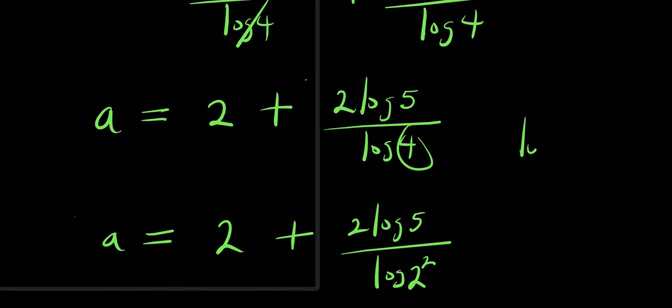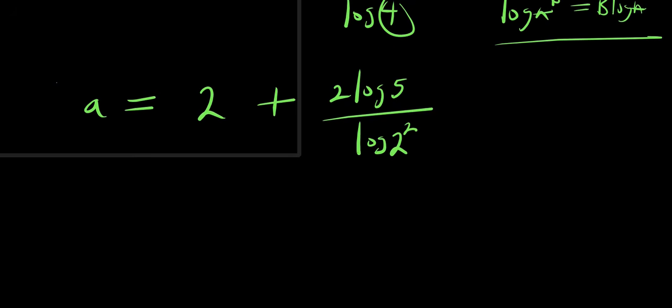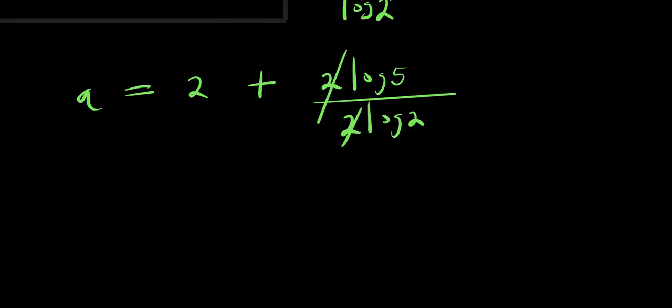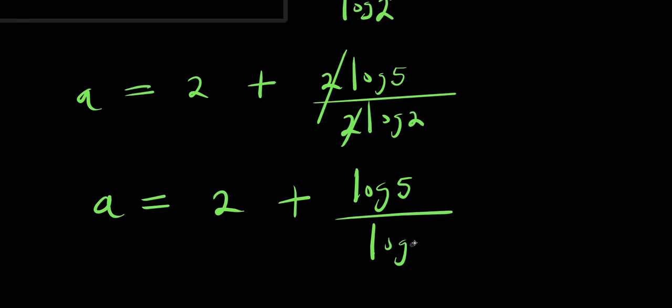And don't forget, log a power b equals b times log a. So we are simply going to have a equals 2 plus 2 times log 5 divided by 2 log 2. This eliminates this. So we can easily have that a equals 2 plus log 5 divided by log 2.